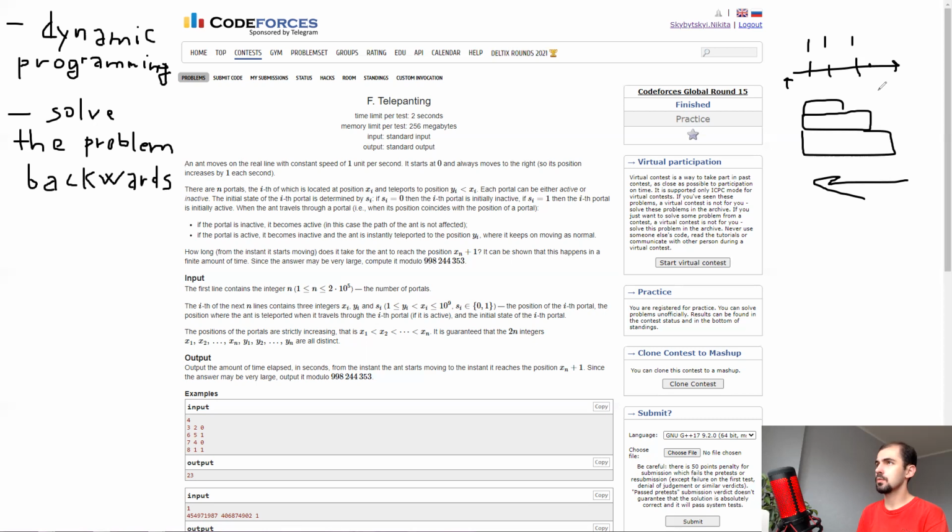So in our case, we will try to compute dp of n-1 effectively, or, provided their indices, I should say dp of n, but in our implementation it will of course be dp of n-1. This is how many times the last portal was used. Well, it's impossible that anyone will teleport you here so that you can walk through it again.